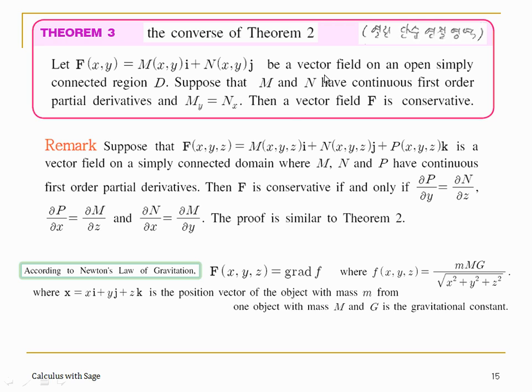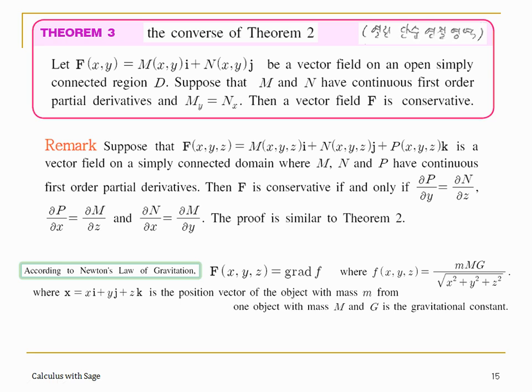But here is a theorem that gives us the converse of the previous theorem, with more conditions. Here is what the difference is. If it is an open simply connected region D, then we can have the converse.